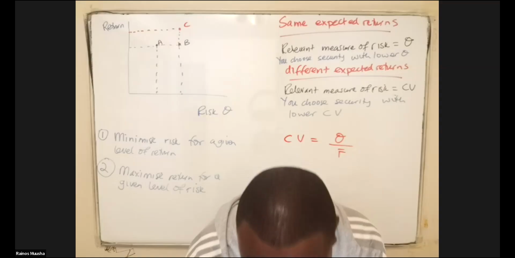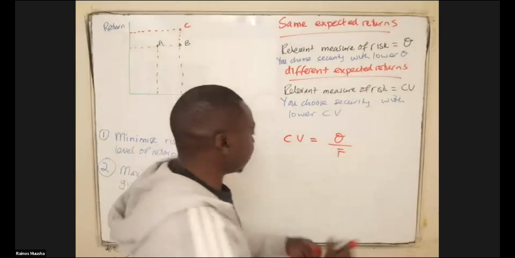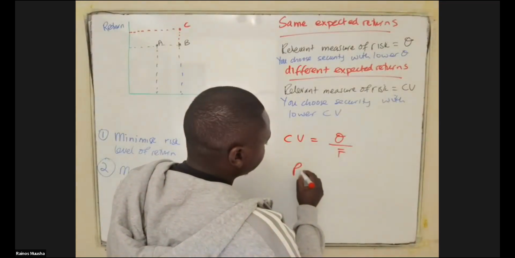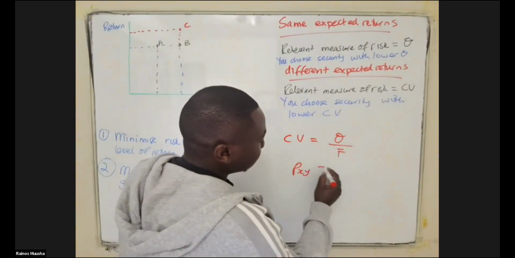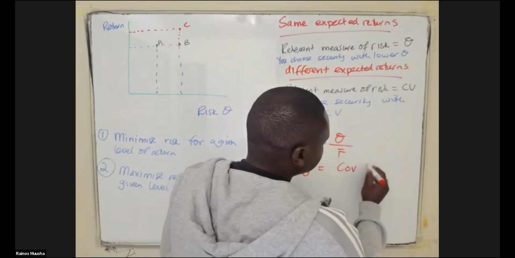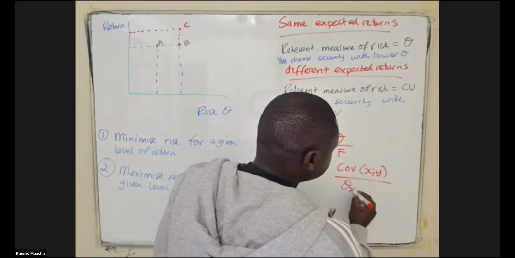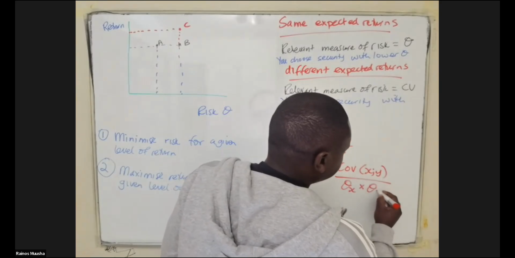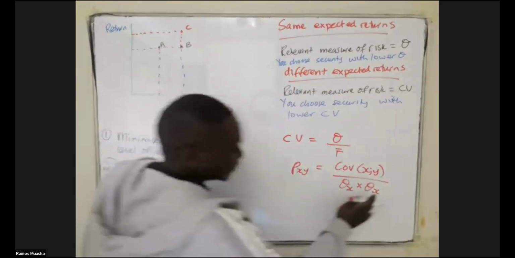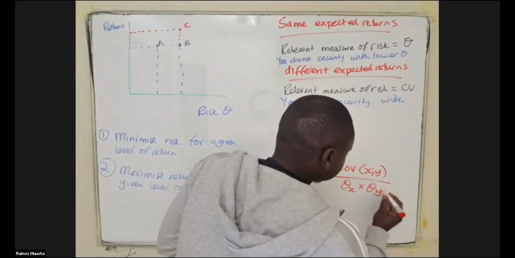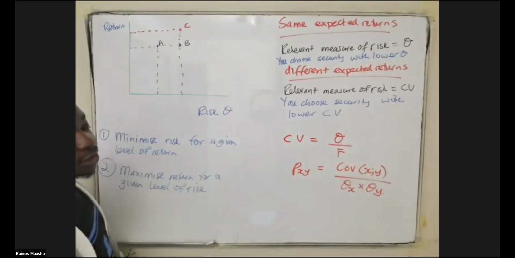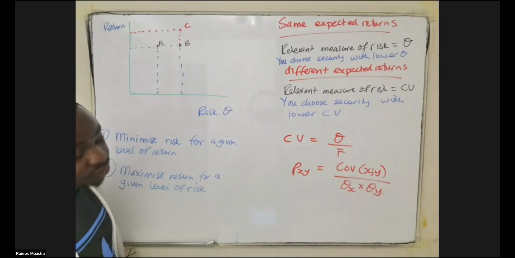So the correlation coefficient of asset X and Y is given as the covariance of asset X and Y divided by the standard deviation of asset X multiplied by the standard deviation of asset Y. So this gives us the correlation coefficient between the two securities.